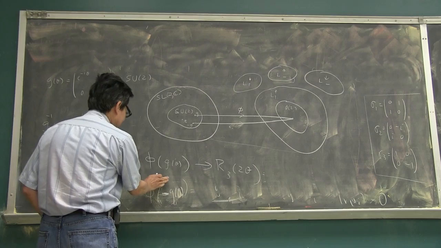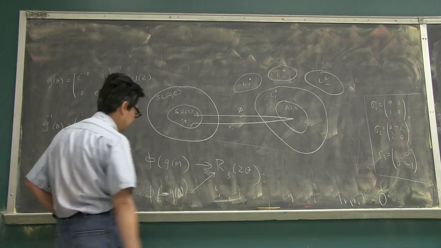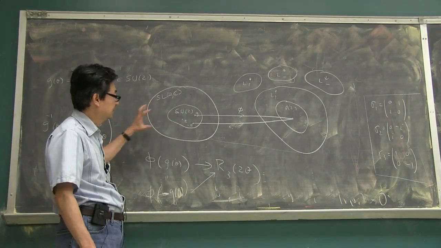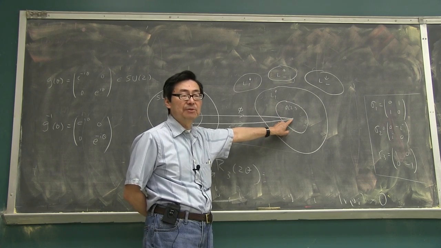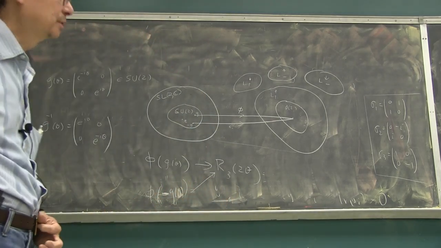There are two elements in here, g and minus g. If g turns out to be this one, both get mapped to a rotation about the third axis by an angle 2 theta, like so.